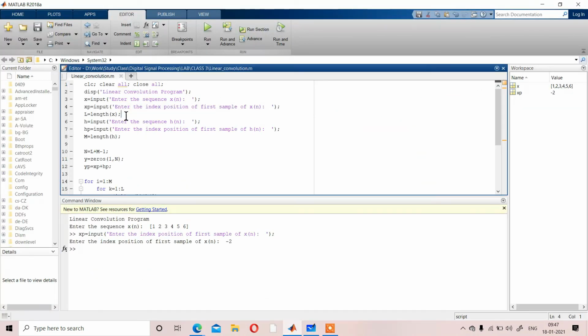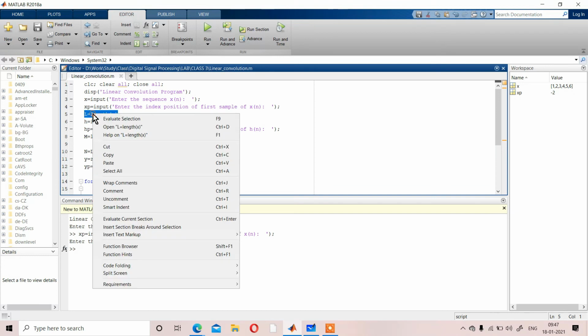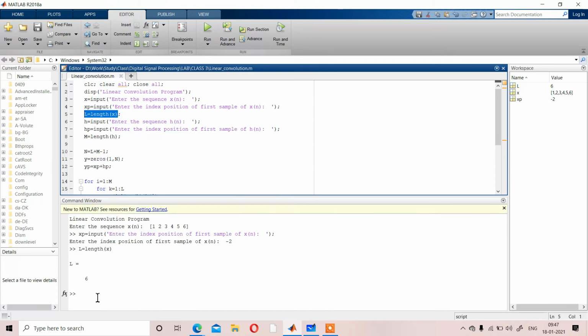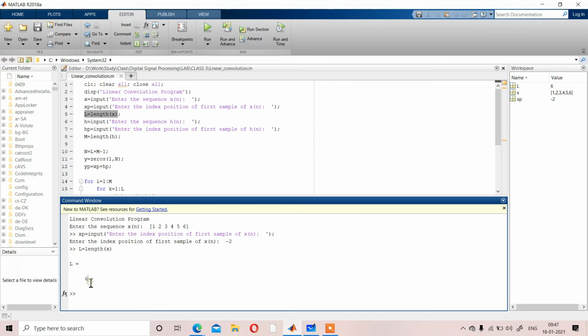Next, length of x. L is the length of x. If we run that code, you can check L defines as 6. See here, L defines as 6. That means the length of x is 6. So whatever the parameter we have considered, that parameter length is 6.